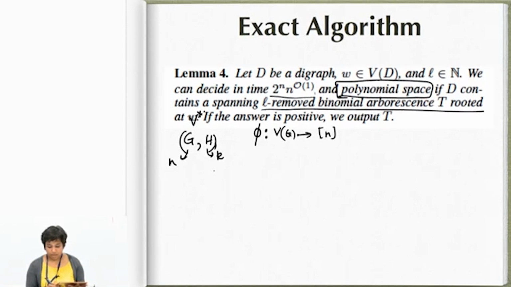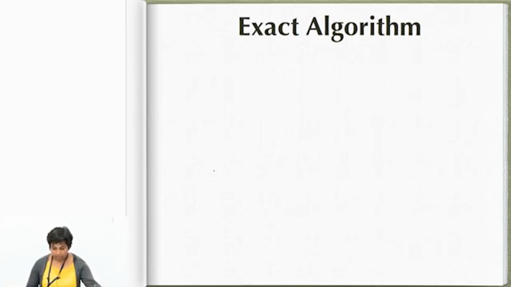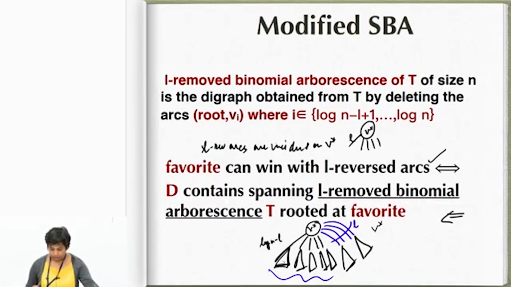Okay. One other thing: let's just go back to the definition. When I define an L-removed binomial arborescence of T, the L-removed binomial arborescence you get is unique. Why? Because T is a labeled tree.